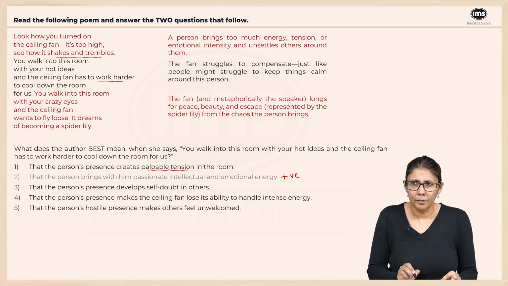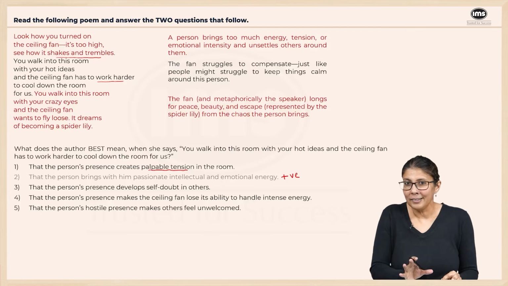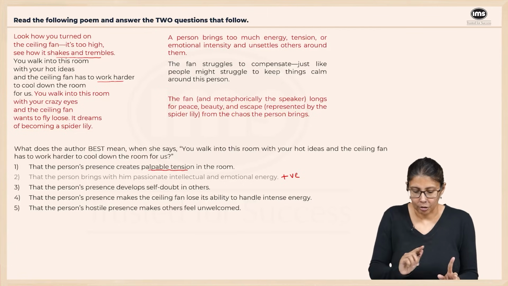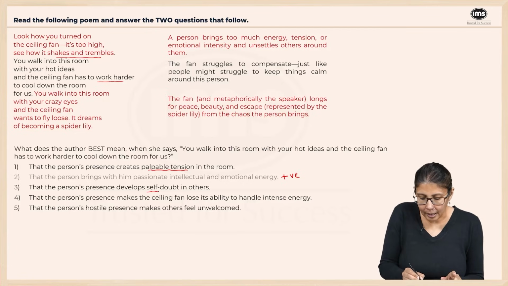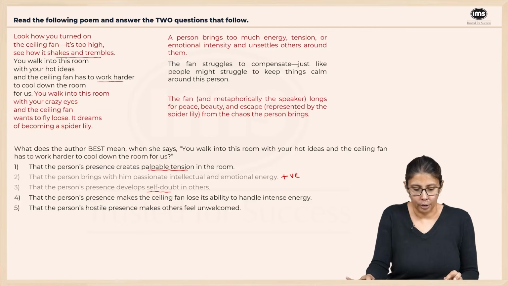When you shake and tremble, yes, it could represent doubt, but on the whole, what it represents is chaos rather than doubting yourself. You may be perfectly content with yourself until this person walks into the room and all of a sudden you start feeling a little anxiety and you want to escape the situation. But none of that implies self-doubt. So maybe not the third option.